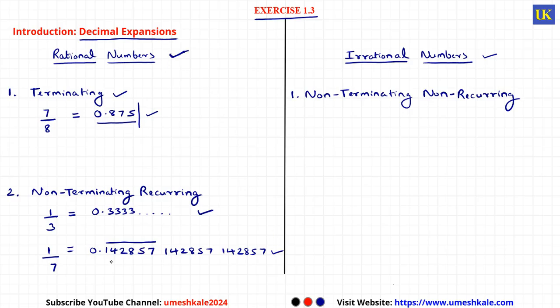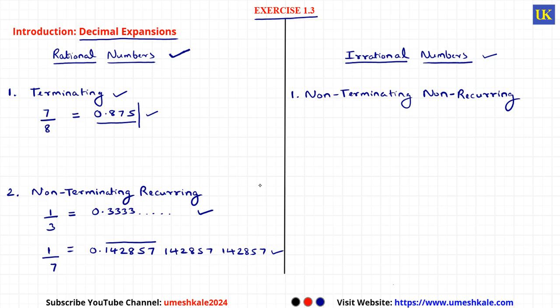Such types of decimal expansions are called non-terminating recurring because not a single number is repeating, but a group of numbers is repeating, one and the same. So that is why such types of decimal expansions come under rational numbers.